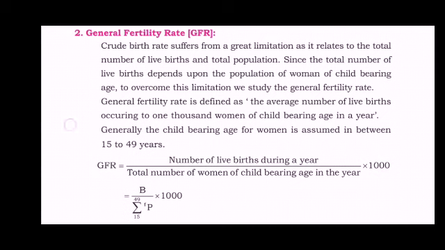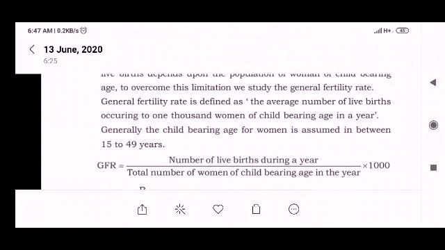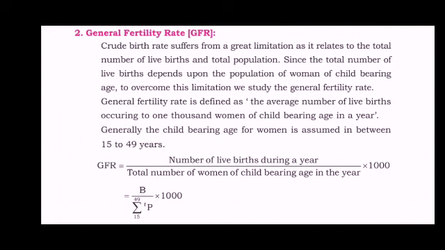So you all know only females of a childbearing age group will give birth to children, and crude birth rate considers each and every human being living in the community. So by overcoming that limitation, another fertility rate is given by the statisticians, that is general fertility rate.